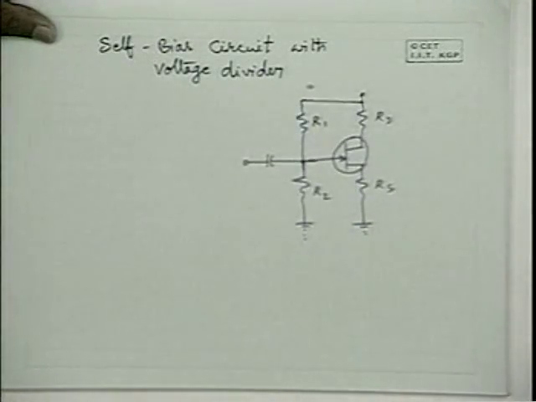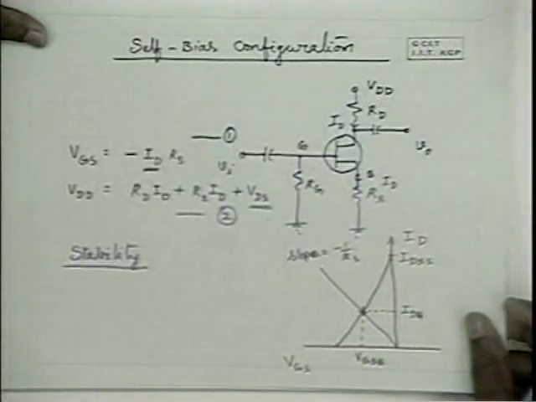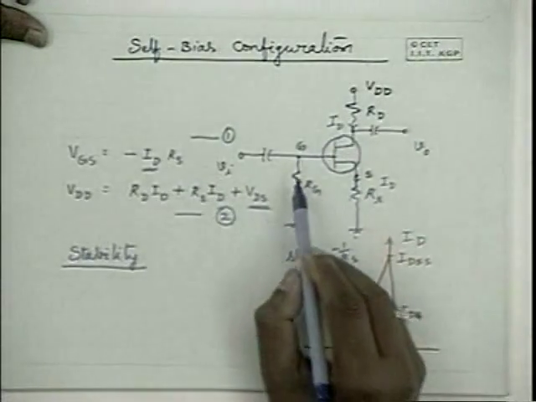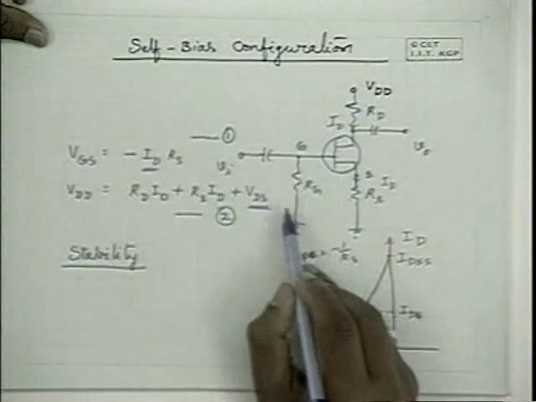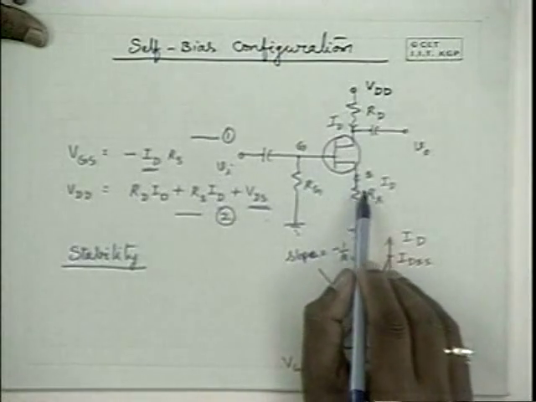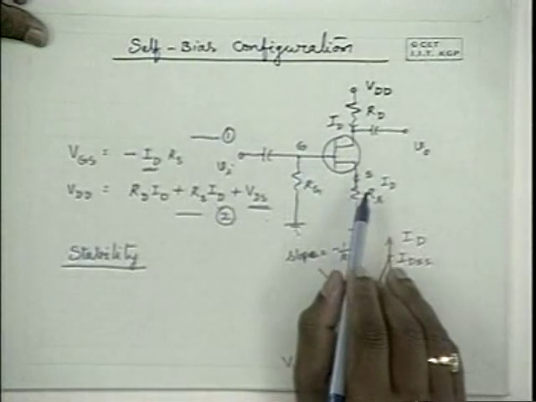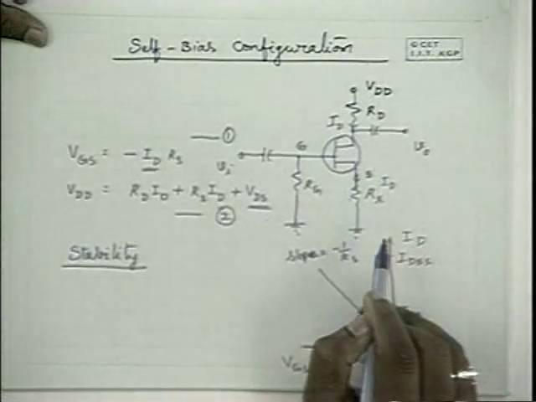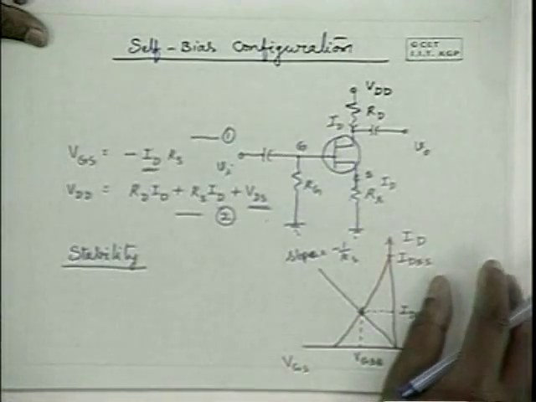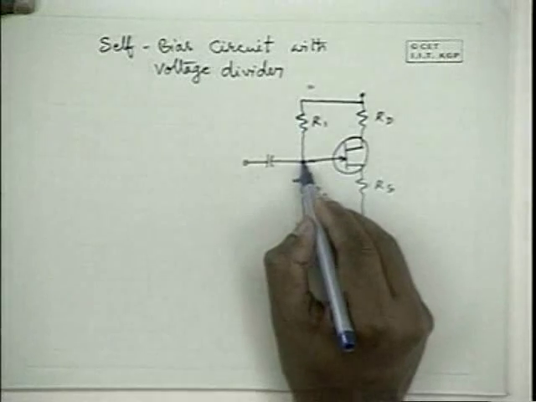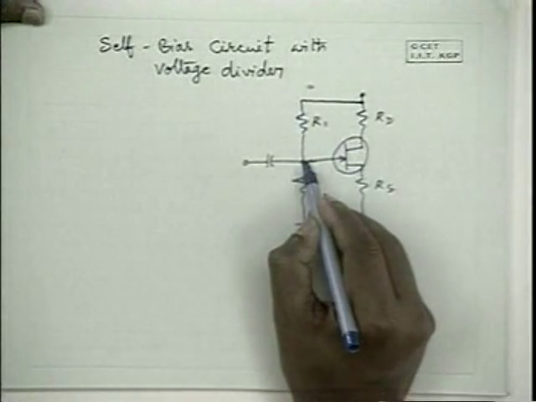In the previous circuit, the self-bias circuit, there was no additional voltage drop here. Whatever was the voltage drop across RS, that is the gate to source reverse voltage potential. Here we are providing something more than this. Through this voltage divider, we are providing some fixed voltage to the gate.